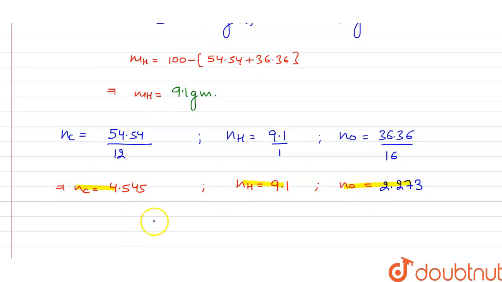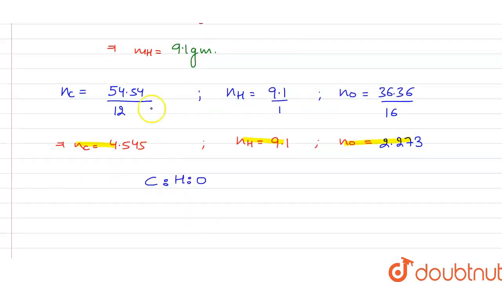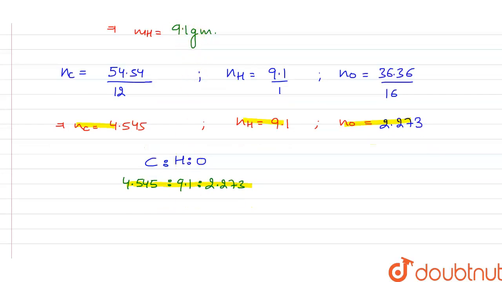So from here we can easily find the ratios of these atoms. We have the moles of carbon as 4.545, hydrogen as 9.1, and oxygen as 2.273. Now we will divide by 2.273, which is the smallest number amongst the three moles.